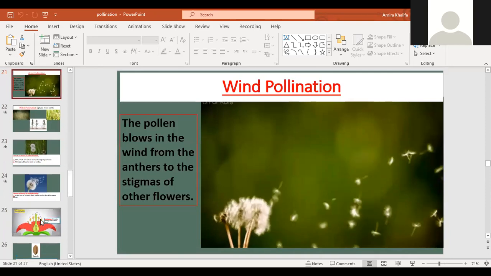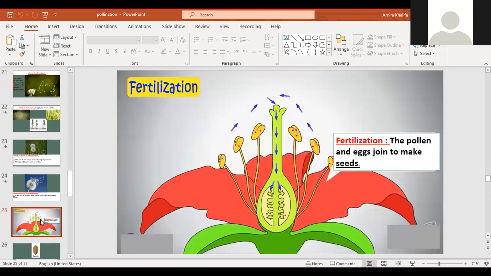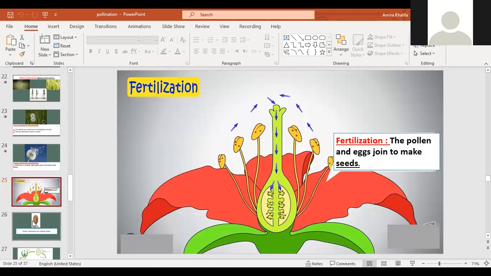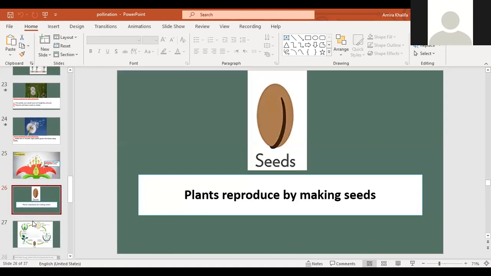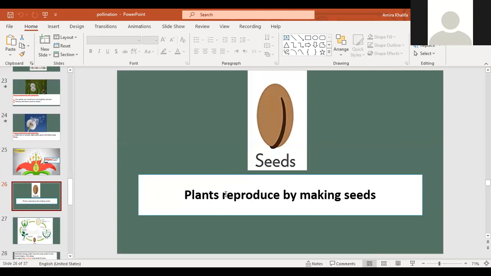But joining, joining it to make the egg, this is fertilization. After joining, it makes seeds. So the reproduced part in the plants is seeds.